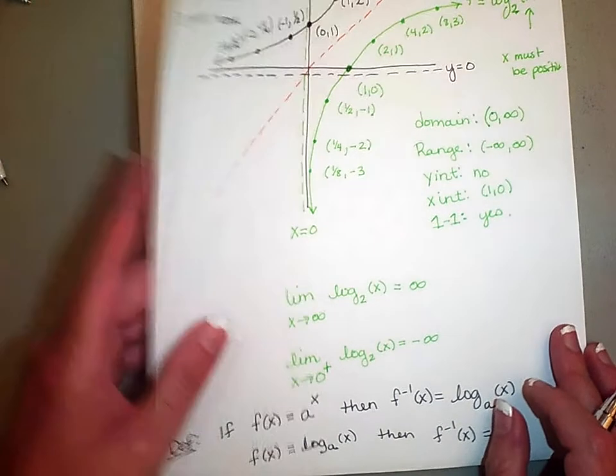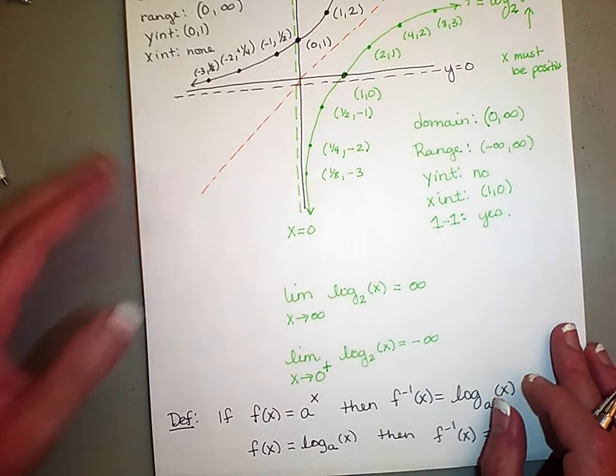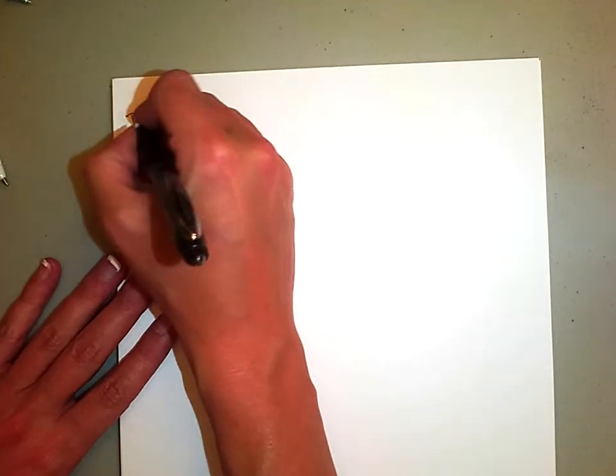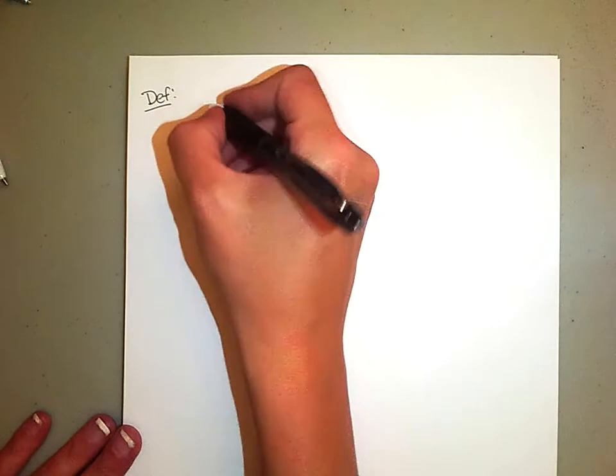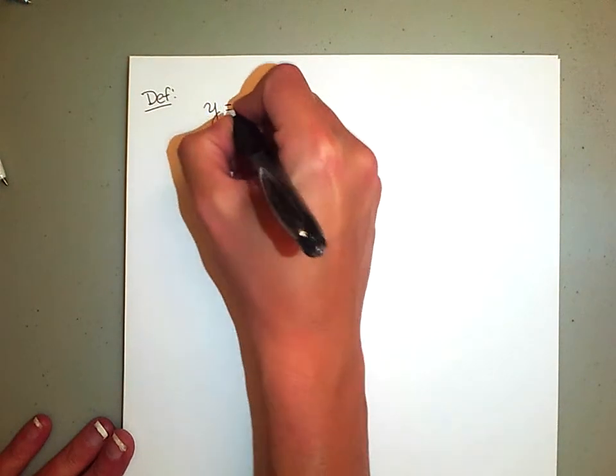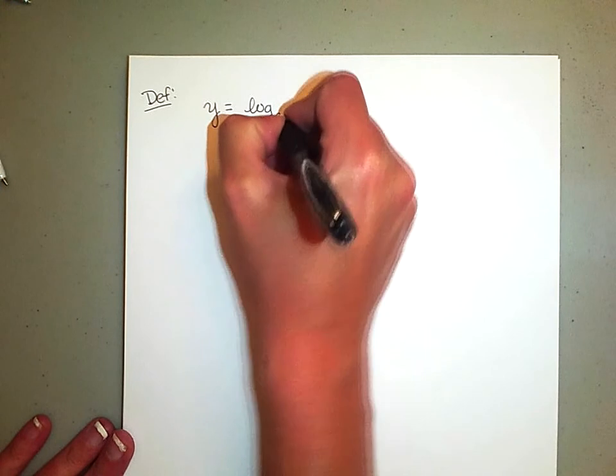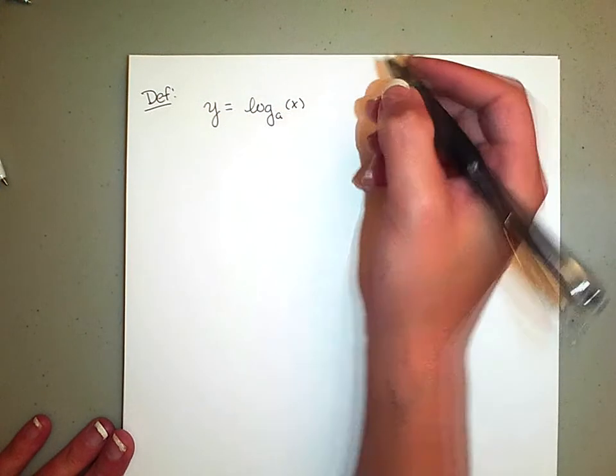We need to get very comfortable with this. What we could do then is give you one more definition, because if we are given a logarithmic form, we can always write it exponentially and vice versa. So let's say y is equal to log base a of x.